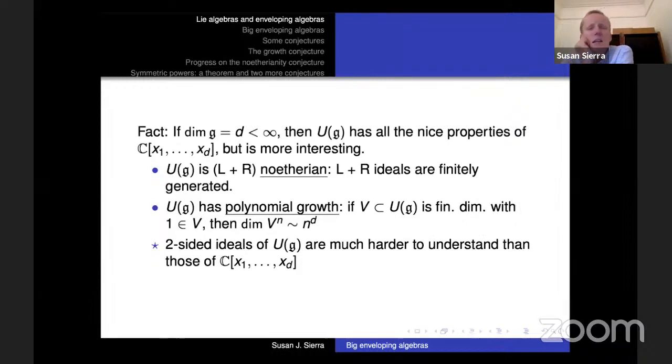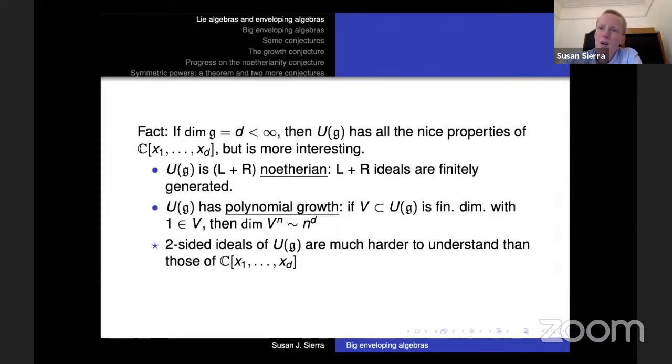How big is it? Well, it has polynomial growth in the following sense. I want to think for a second about how to measure the size of an algebra, of a non-commutative ring. So inside the enveloping algebra, I'm going to take a finite dimensional vector space V. I want it to contain the element 1. And then I look at the vector space V to the n.